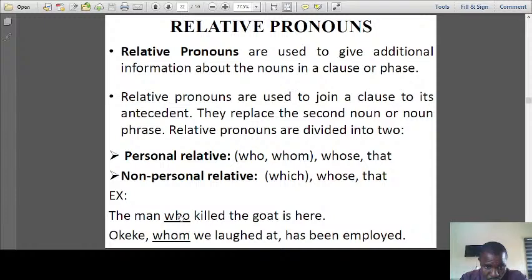So it means that we can divide this sentence. These are two clauses embedded in one. We can say "the man killed the goat." That is the first sentence. "The man is here." That is the second sentence or the second clause.